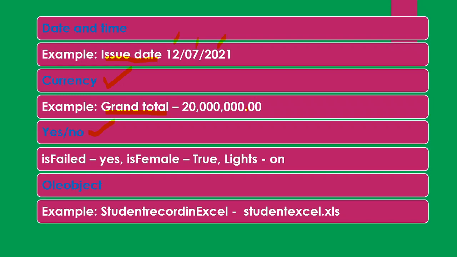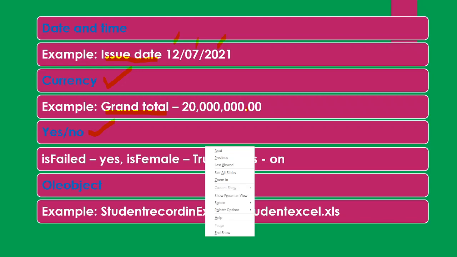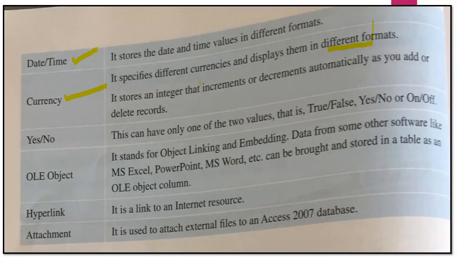Next is the OLE object. OLE stands for object linking and embedding. Data from some other software like MS Excel, PowerPoint, and MS Word can be brought and stored in a table as an OLE object column.